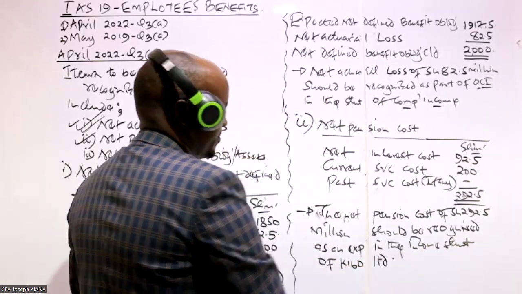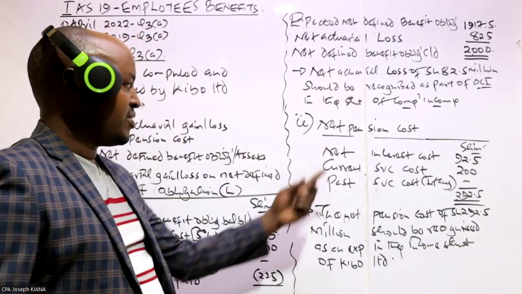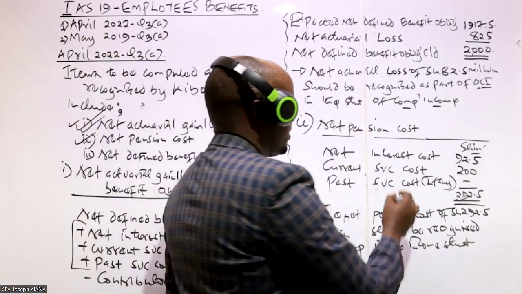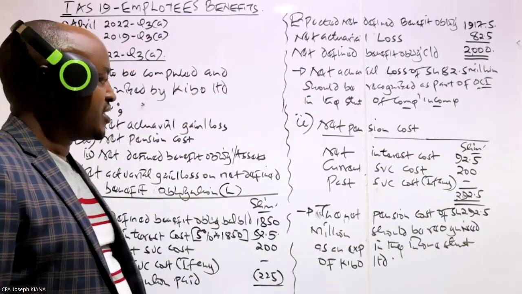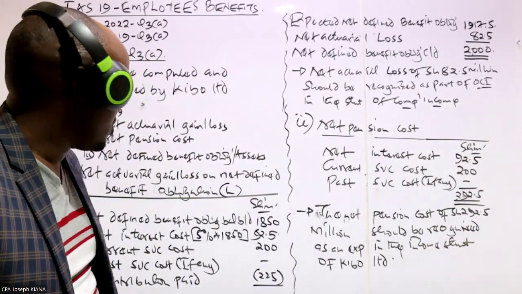The income statement, you have to recall, is the same as the statement of comprehensive income. So that is how we determine the net pension cost.